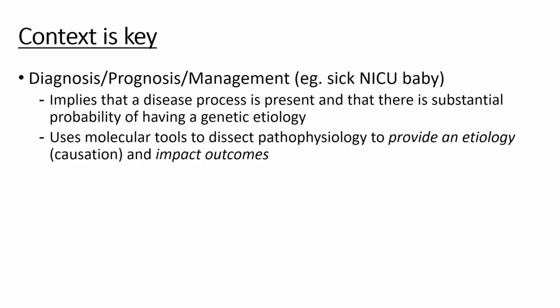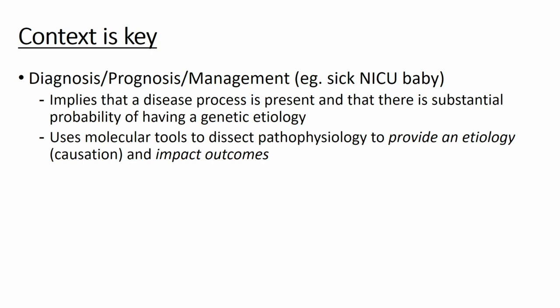And here I think context is key. When we're thinking about the diagnosis or prognosis or management of a baby, of a person with a suspected genetic condition, for example, a sick baby in the neonatal intensive care unit, this implies that there's a disease process present, or at least some prior probability that they might have a genetic condition.